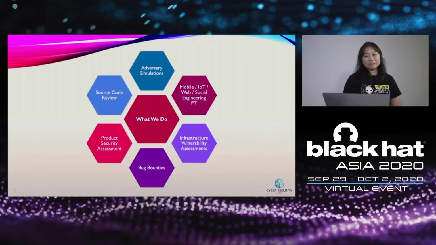Max and I belong to a division named Advanced Cyber Capabilities, or ACC, within CSG. This diagram is a summary of the activities we do on a day-to-day basis. Our bread and butter is pen testing for mobile applications, IoT, and web applications.